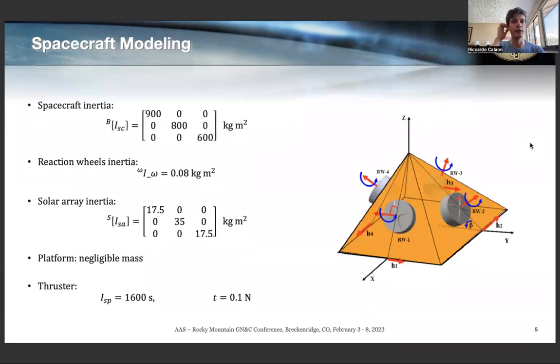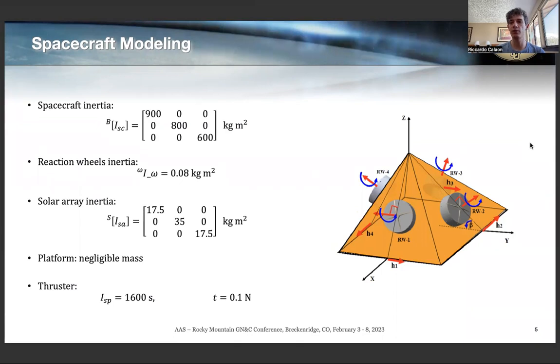Very quickly, the spacecraft inertias are shown here in the slide. We can see that it's a pretty massive spacecraft. Once again, it features 4 reaction wheels in a pyramid configuration. The inertias of the solar arrays are smaller compared to the spacecraft, but the solar arrays are primarily relevant because of their very large surface area, which causes SRP effects on the spacecraft to be non-negligible.